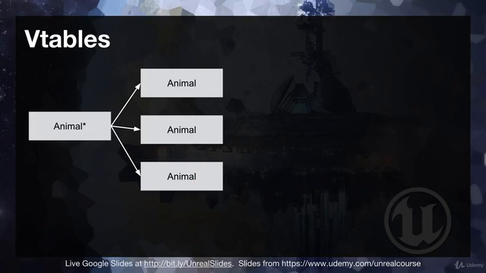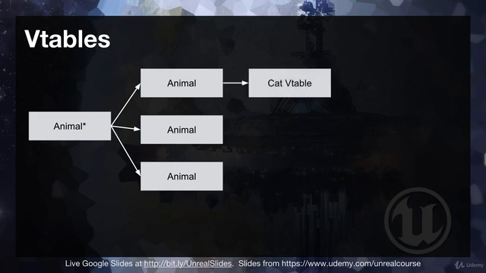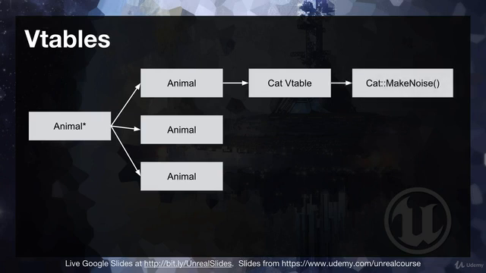This is where we have a concept called a vtable. Now, a vtable is basically a pointer that the animal itself has to this particular structure. And a structure is just a list of pointers themselves to the virtual functions, such as make noise. So this tells us where we need to go and look for the starting point of the cat's make noise function.